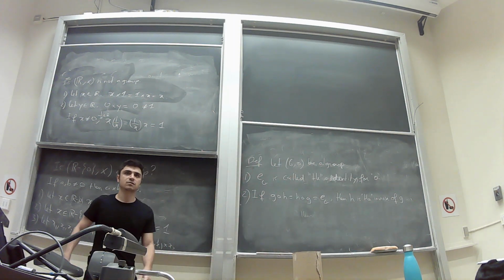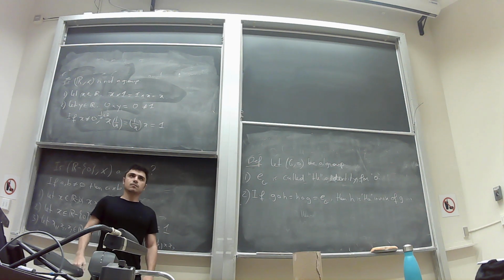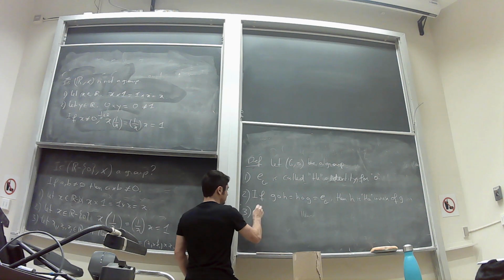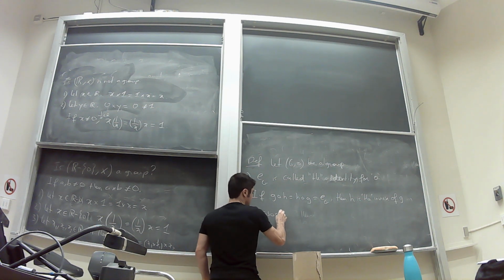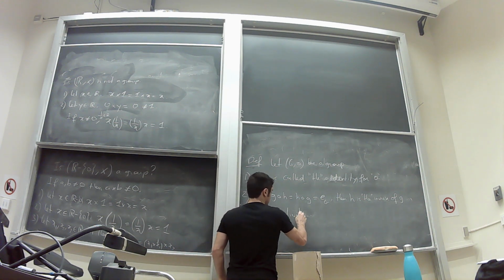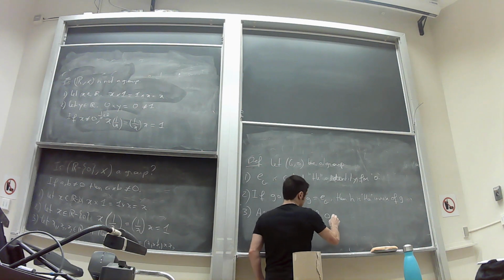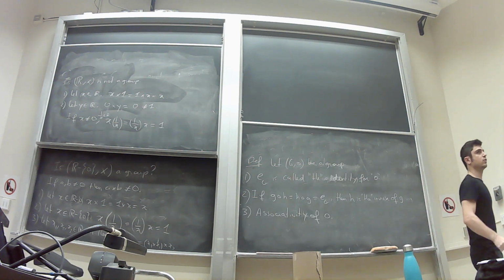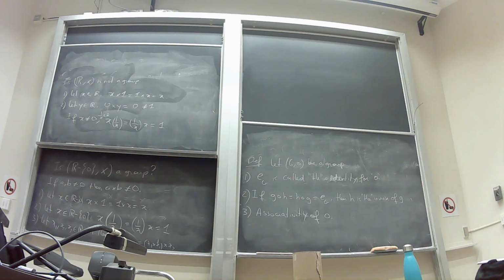And three is called associativity of circle. For now, I just want you to think of circle as a binary operation. That's it. Are we good here?